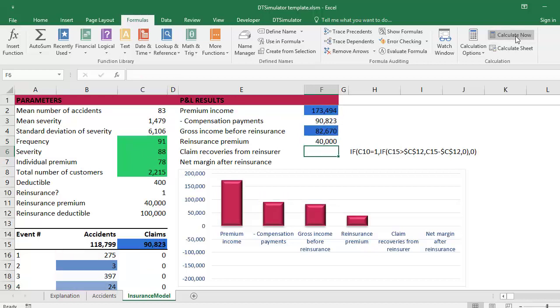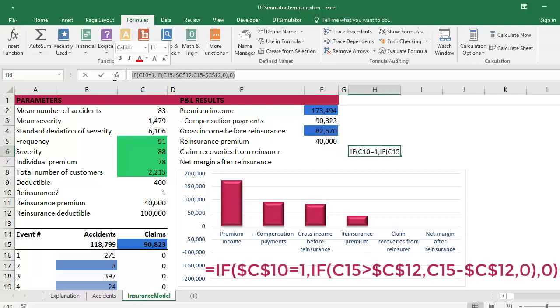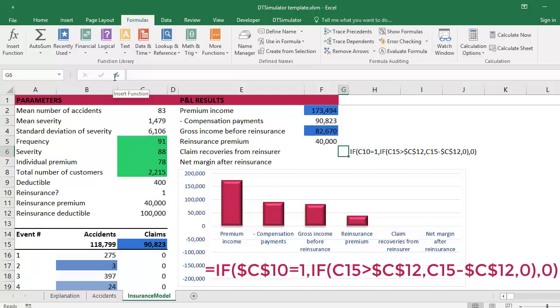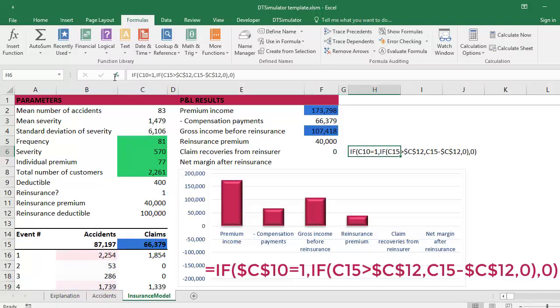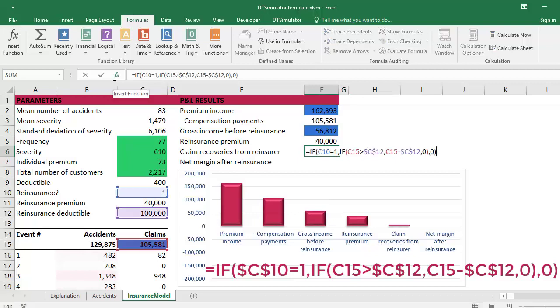33. On cell F6, write the following formula. Equals IF(C10 equals 1, IF(C15 is larger than C12 fixed, C15 minus C12 fixed, 0), 0).